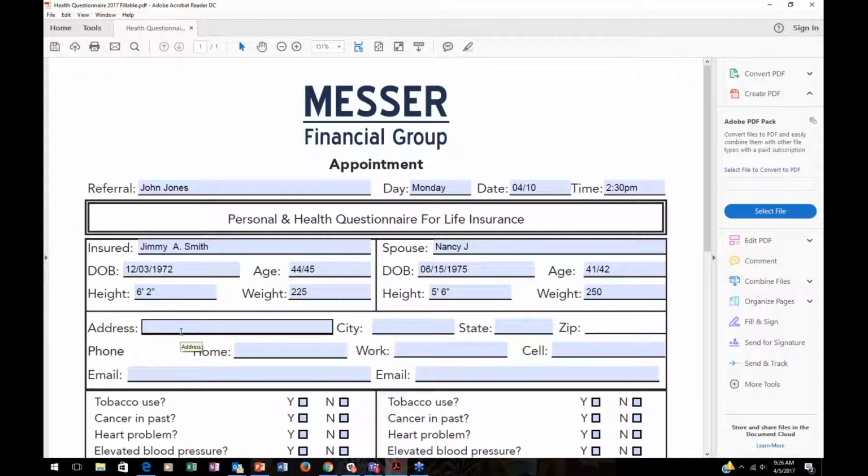Okay, our basic information, this address, the city, the state, not that important, although you're going to need it on the application as well, but probably most important in the way you're taking the application.